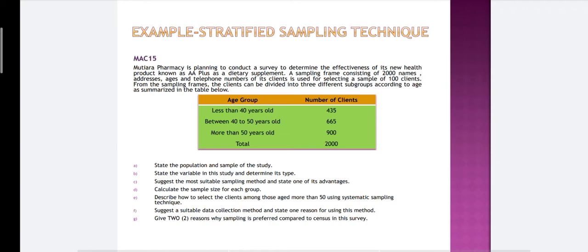Kita dapat sample dia should be 45. So daripada 900 we need to select 45 daripada 900. So kena gunakan systematic sampling technique. First, kena buat apa tadi? Sampling frame, listkan sampling frame dan sorted. And then yang kedua, cari interval 900 divide dengan 45.